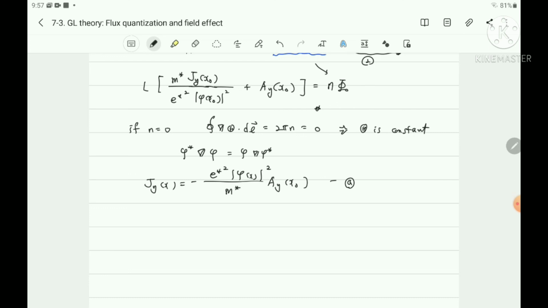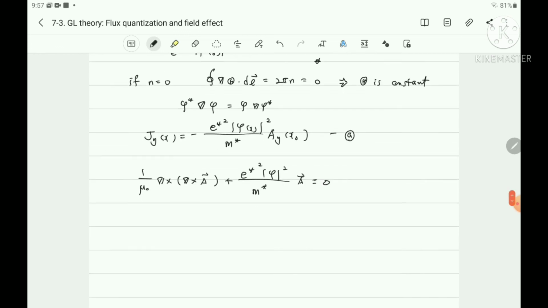Then because we know that J is 1 over mu 0 times the curl B, and B is the curl A, and plus e star square phi square over m star A equals 0 from the above equation.